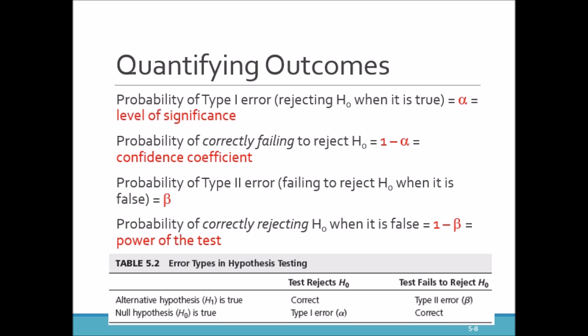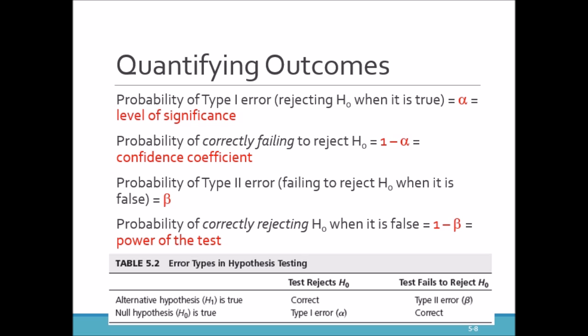So if our alternative hypothesis H1 is true, and the test rejects H naught, or our null hypothesis, then we're correct. If our alternative hypothesis H1 is true, and the test fails to reject our null hypothesis, we've just made a type 2 error.